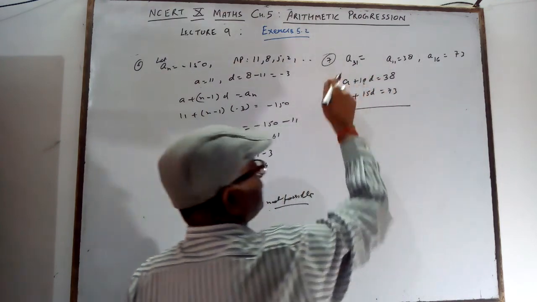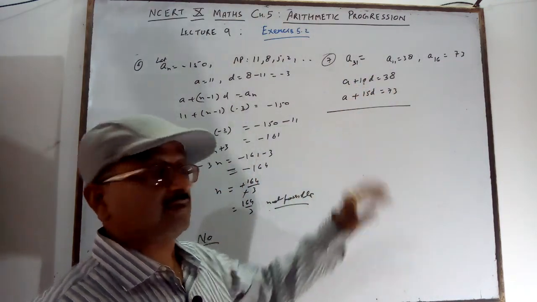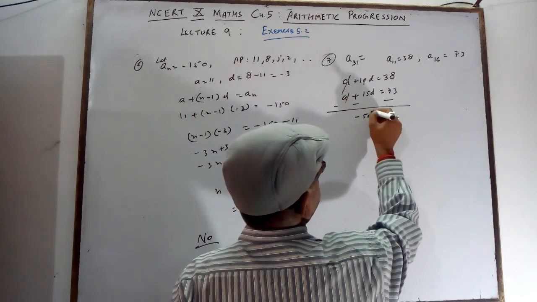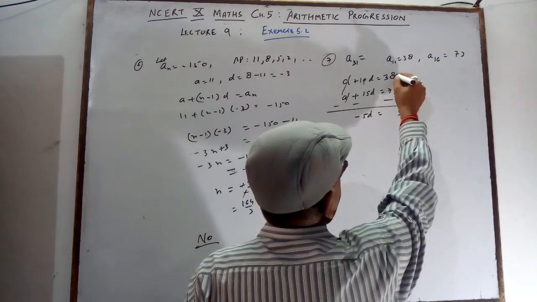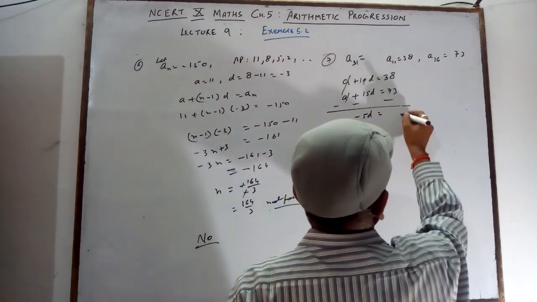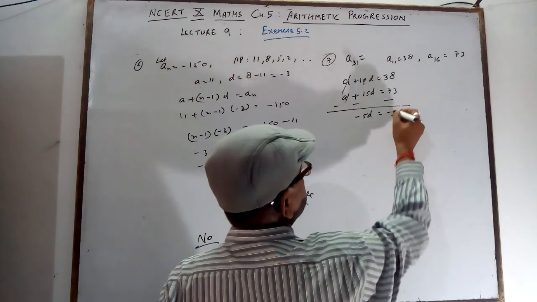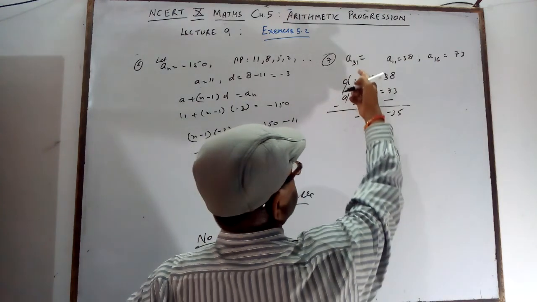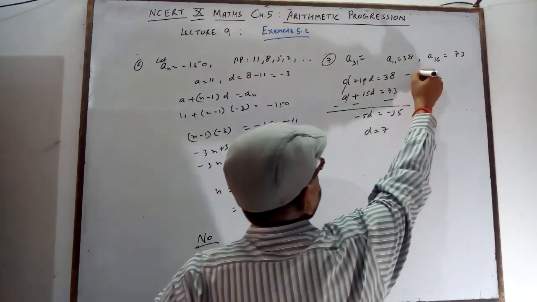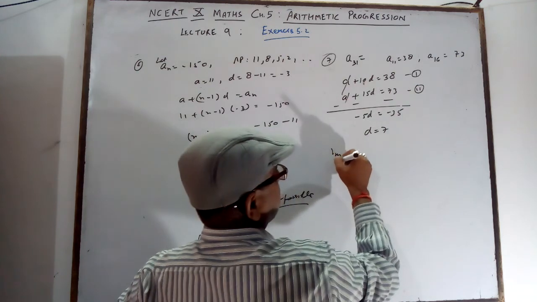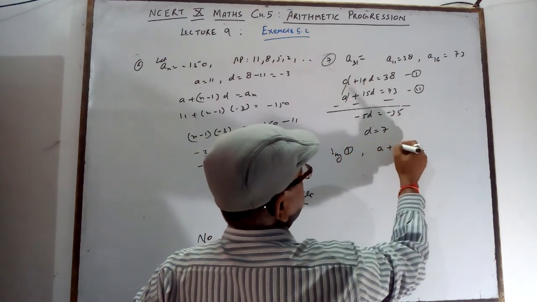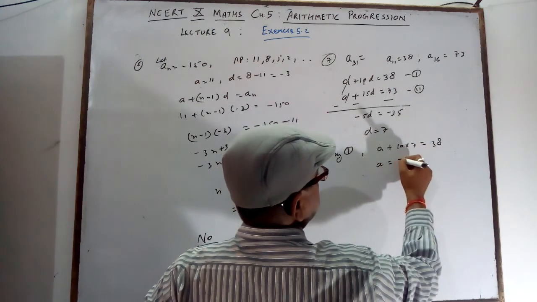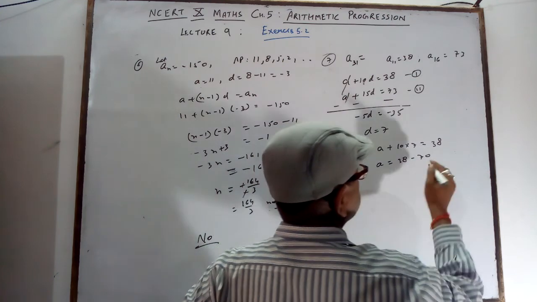Both are linear equations in two variables, A and D. Subtract both, you will get minus 5D is equal to minus 35. So D is equal to 7. If D is 7, then what is A? It is equation first, it is equation second. By the first you can get A plus 10 into 7 is equal to 38. Then what is A? 38 minus 70.